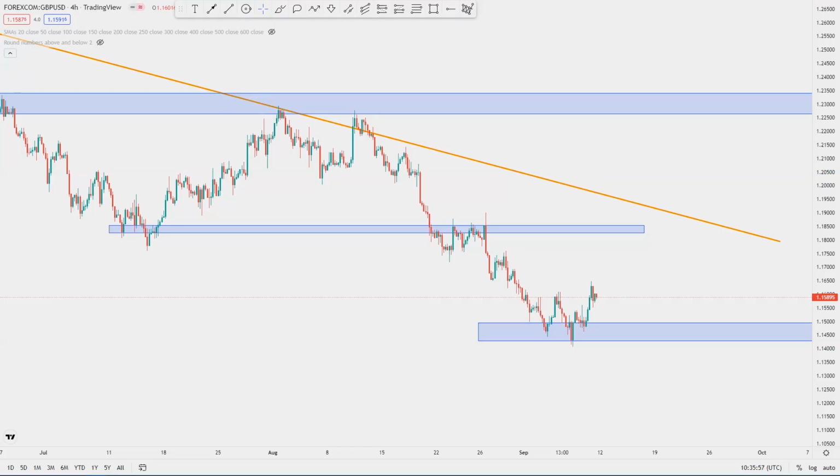The mutual funds, the hedge funds, international companies that need foreign exchange for their international activities. And then we have the forex brokers, and then the retail ECNs.